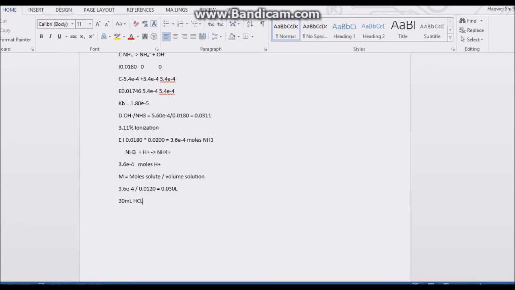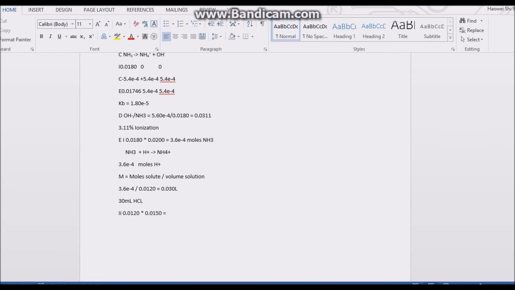According to my calculations, the added H plus in the solution is the 0.0120 molar times the 0.0150 liters of the solution.